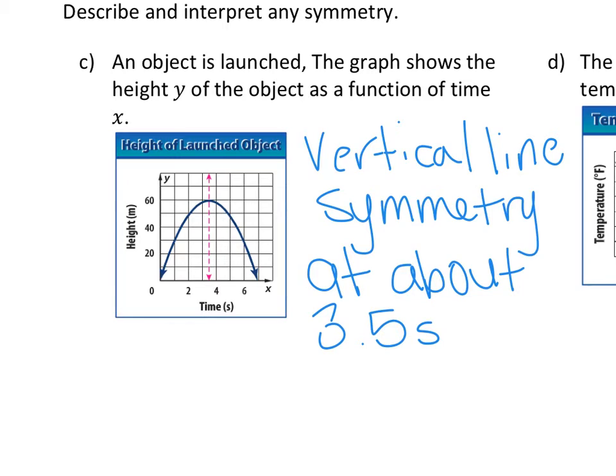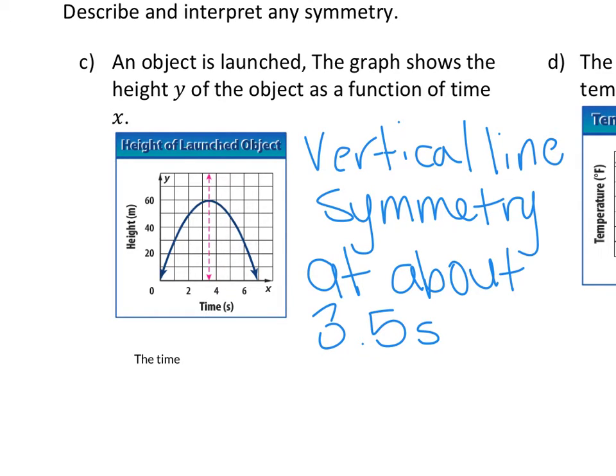And let's interpret that. So again, we're launching an object. We're throwing it up in the air. And then obviously the object, due to gravity, will fall down and hit the ground. So what it's really showing us with this line symmetry is that the time it took the object to go up is equal to the time it took to come down. So let's jot that down as our interpretation here.